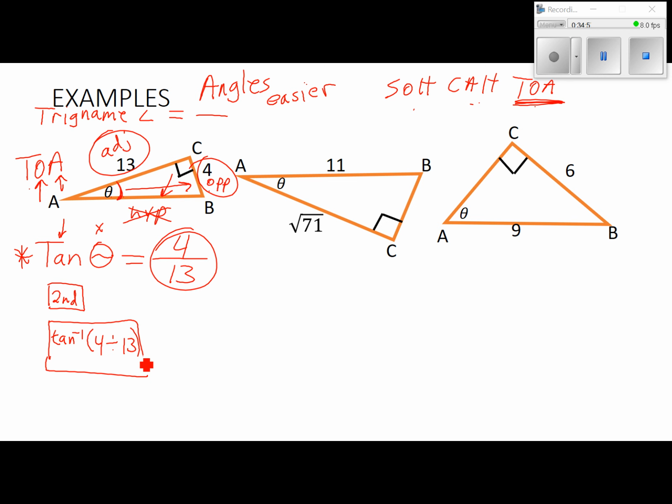So 4 divided by 13, and I end up with 17.1027 something. Most of the time on angles, we will round it off to the nearest whole number. So this 1 right here tells us to leave the 7 alone, and we're just going to say that our angle right there, that theta, equals 17 degrees.